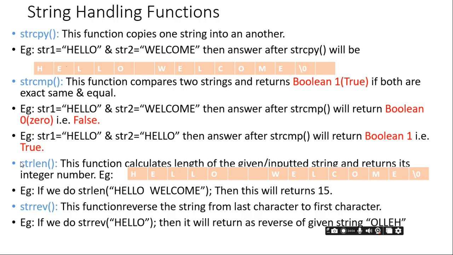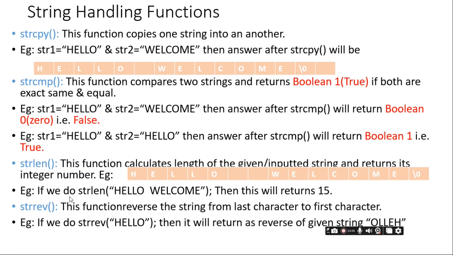The next commonly used string handling inbuilt function is strlen. This function calculates the length of the given or inputted string and returns an integer number by counting the characters in the whole string, including white and blank spaces in between. For example, here I have shown you one array, that is a set of characters, that is a string.